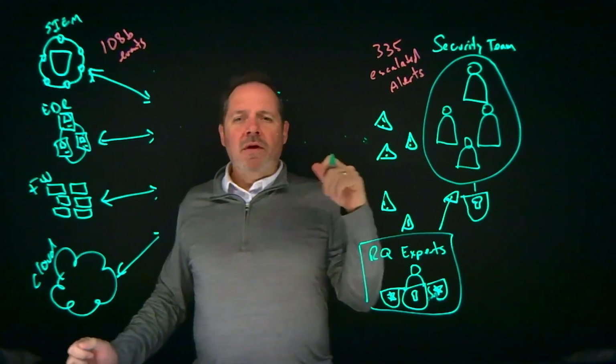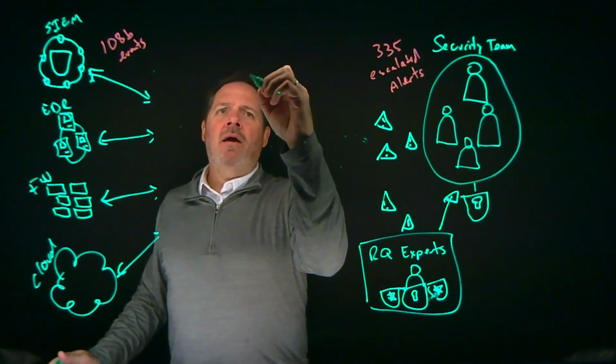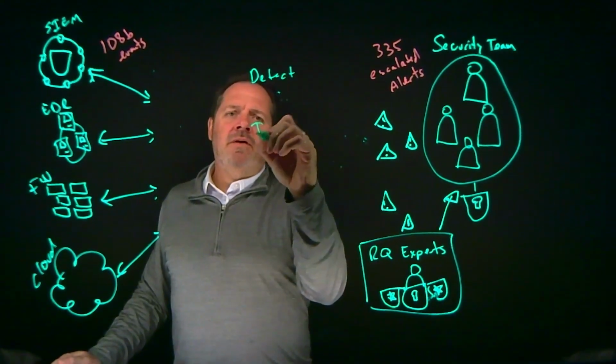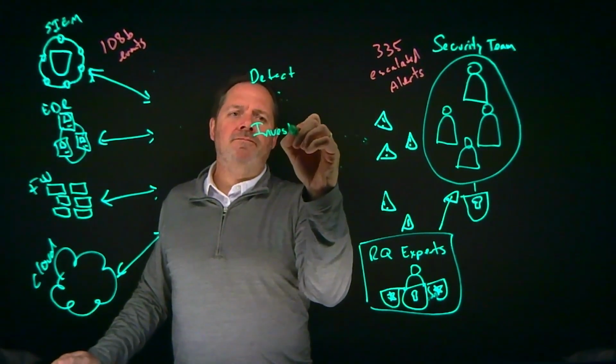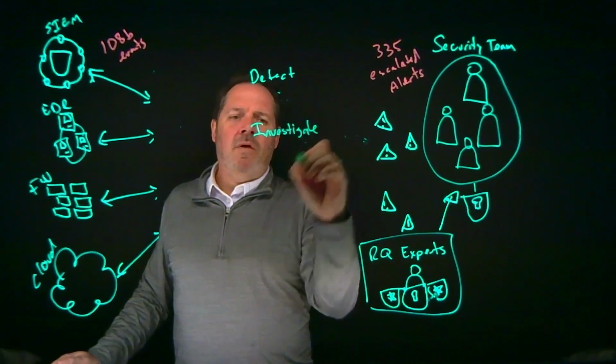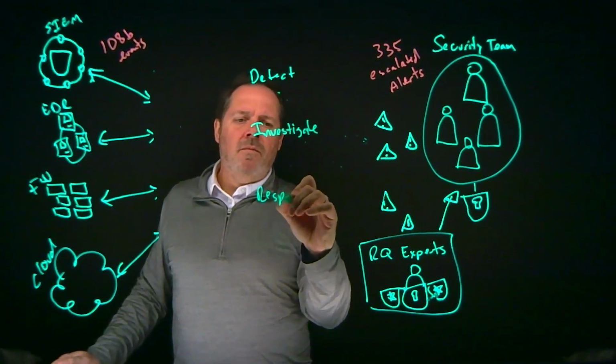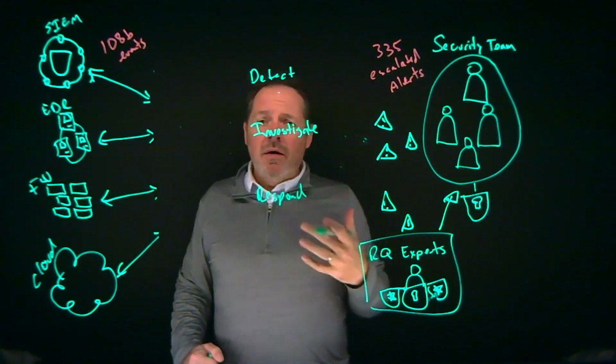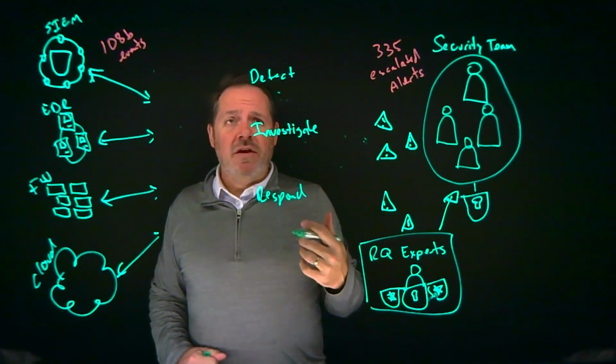If you think about security operations, at the end of the day, they are responsible to detect, investigate, and respond to threats in their environment. And at the heart of our security operations platform, we do the same thing.